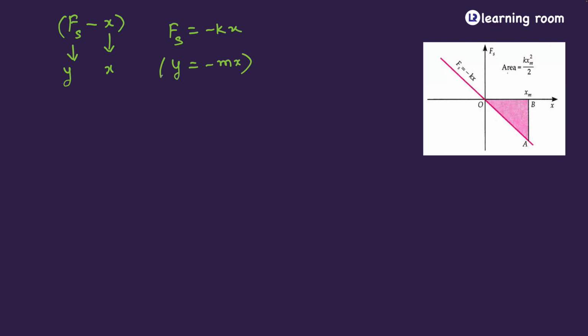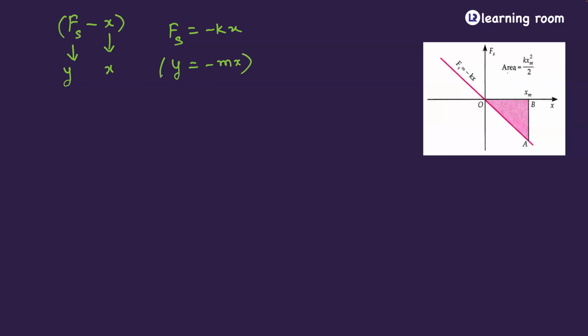So y is equal to minus mx basically represents a straight line passing through the origin, right? It is going to be a straight line passing through the origin, and it is going to be in the second and the fourth quadrant. Because of this minus sign, this graph will belong to the second and the fourth quadrant.